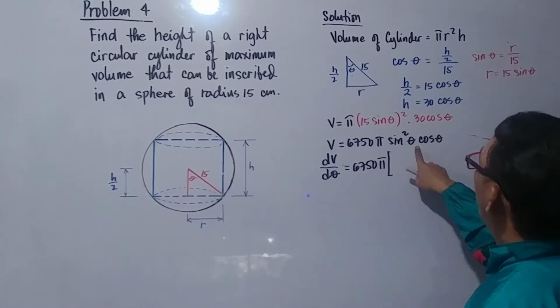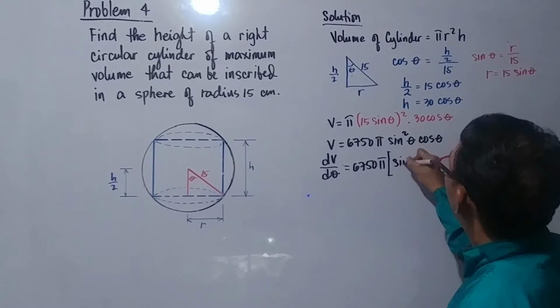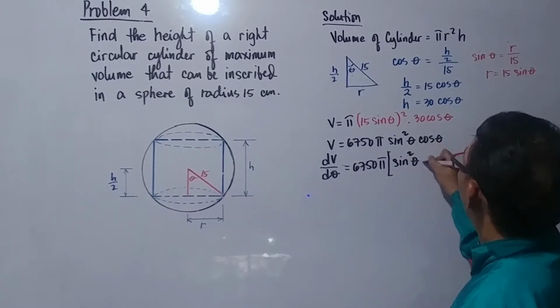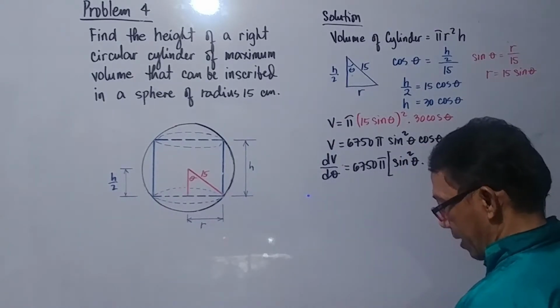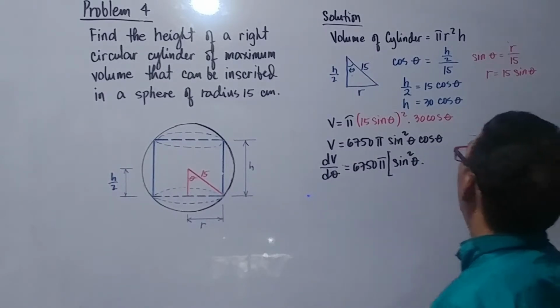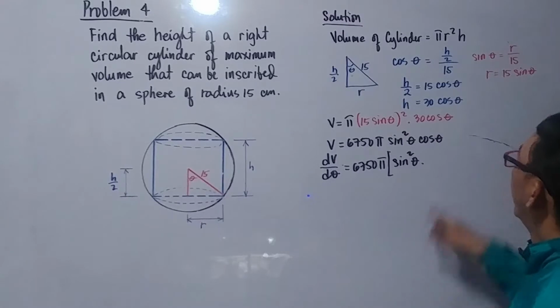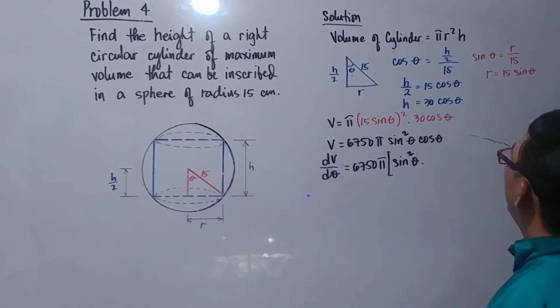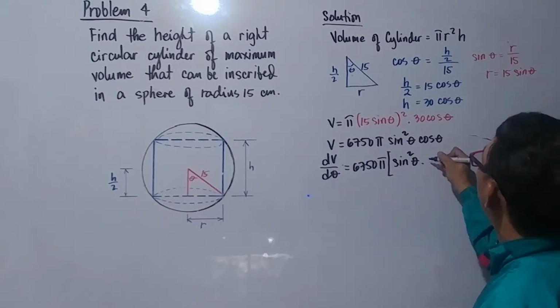So, product rule: copy the first, differentiate the second. What is the derivative of cosine? It is negative sine.